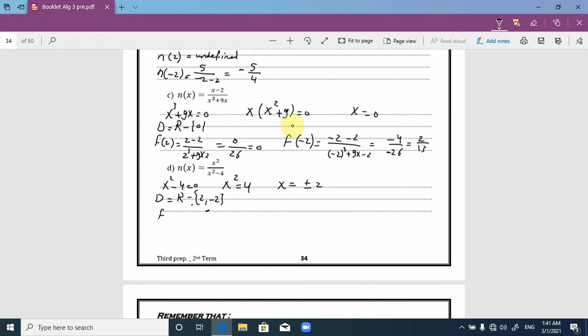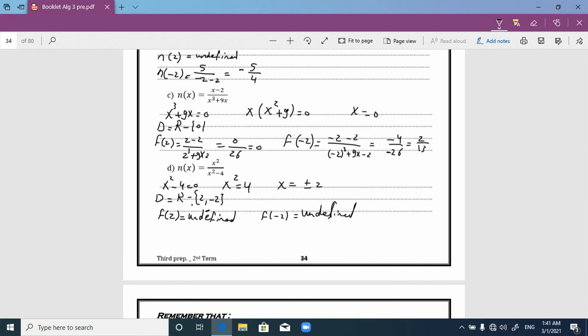So we cannot find f of 2 and f of negative 2 because 2 and negative 2 do not belong to the domain. So f of 2 is undefined and f of negative 2 is also undefined.